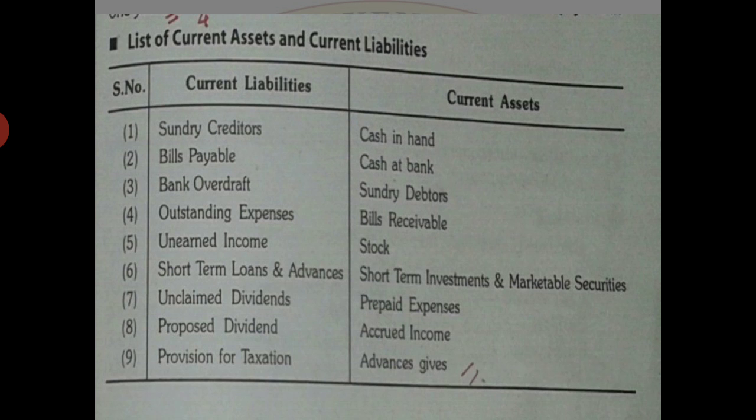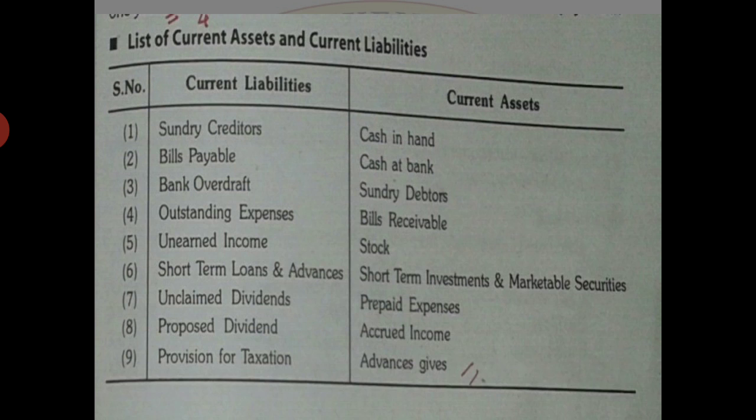To make it more understandable for you, there is a list of some current assets and current liabilities of a company you have to learn, without which it is not possible for you to work out the questions.